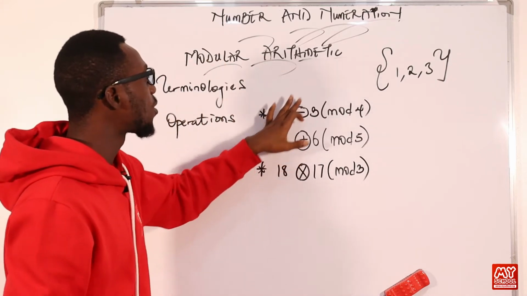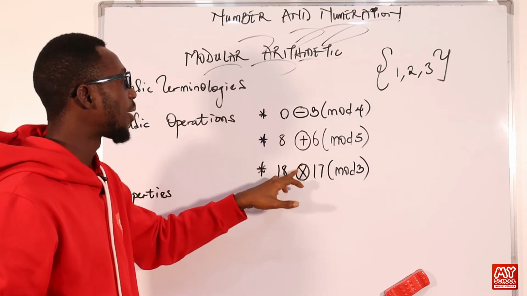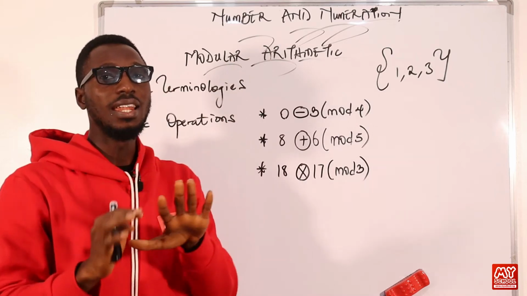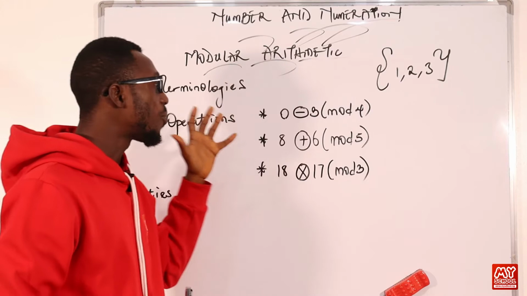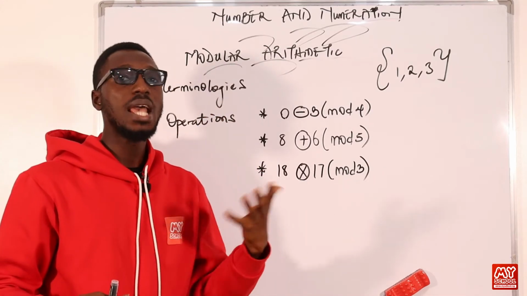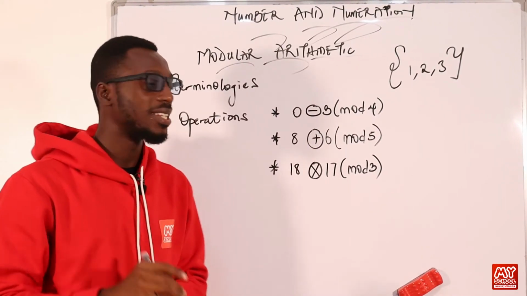Putting our operation signs into circles is one strong identification that you are working with modulo arithmetic. As we go deeper into the video, I'm going to unveil more terminologies and expressions that we should understand and apply correctly.